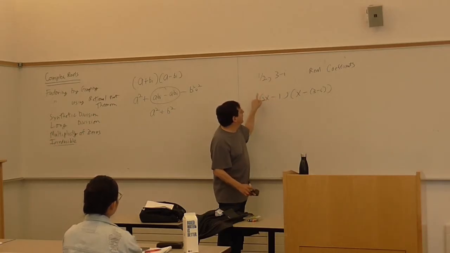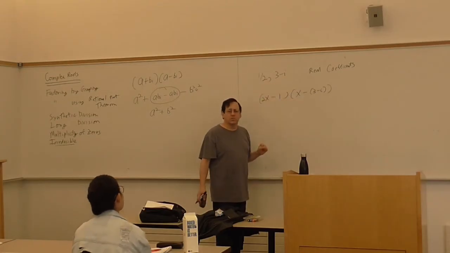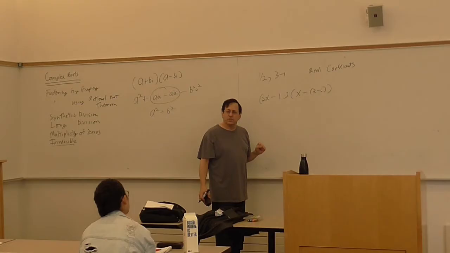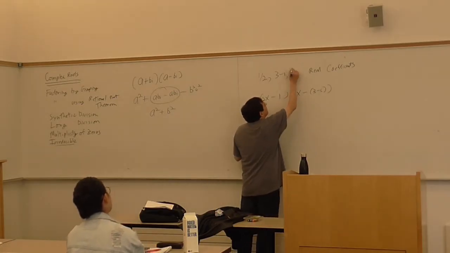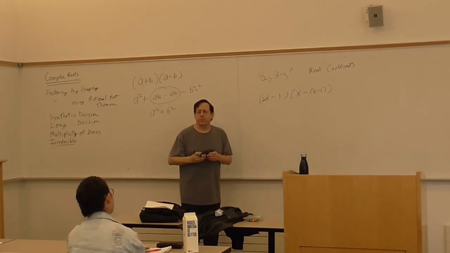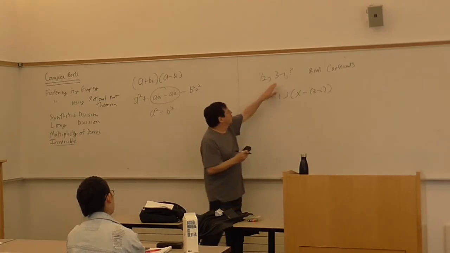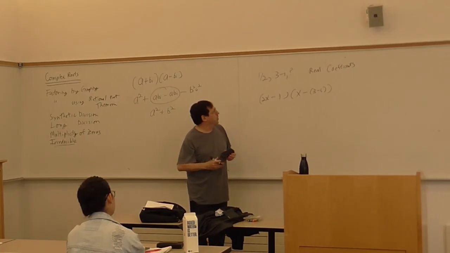Is there another root I could add to this that would probably help? Maybe that's what I should have asked people to guess. What root should I add that will help the final polynomial to have real coefficients?